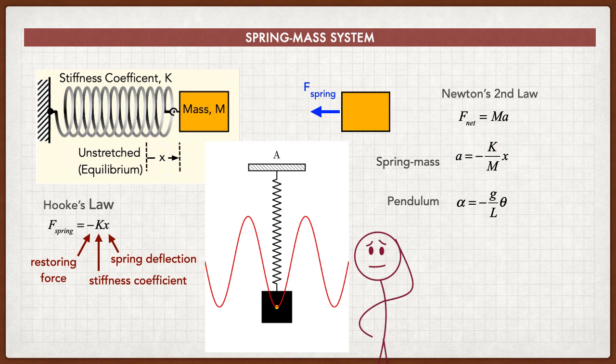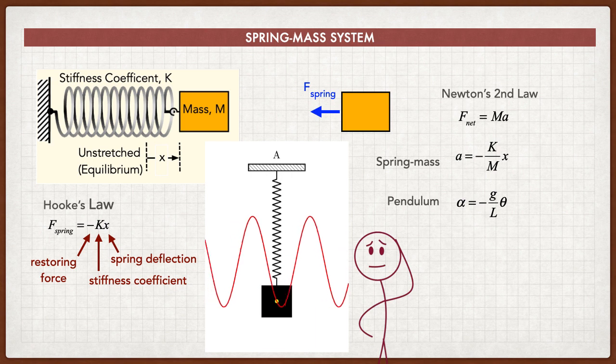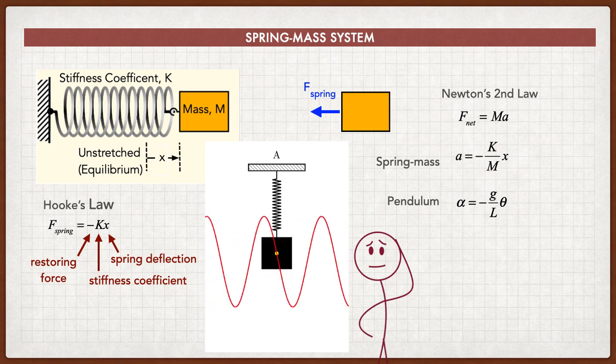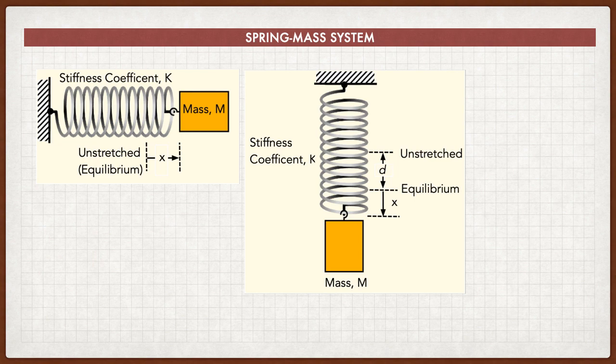I know. You're thinking, this is a vertical spring, not a horizontal one. Do they act the same? That's a fair question. Do horizontal and vertical springs act the same? Let's take a look at a vertical spring.